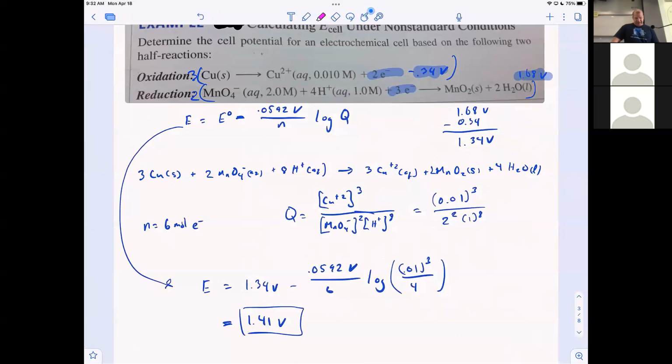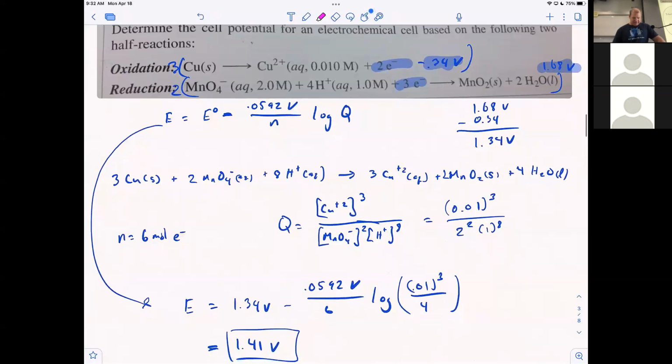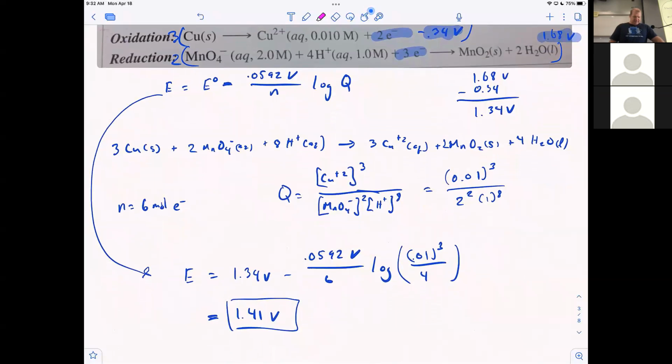So, okay. Let's look a little bit more at this Nernst equation right here and a couple features of it. So if you look at this Q, why are we not surprised? The potential of this battery is higher than the standard. Why is it higher?